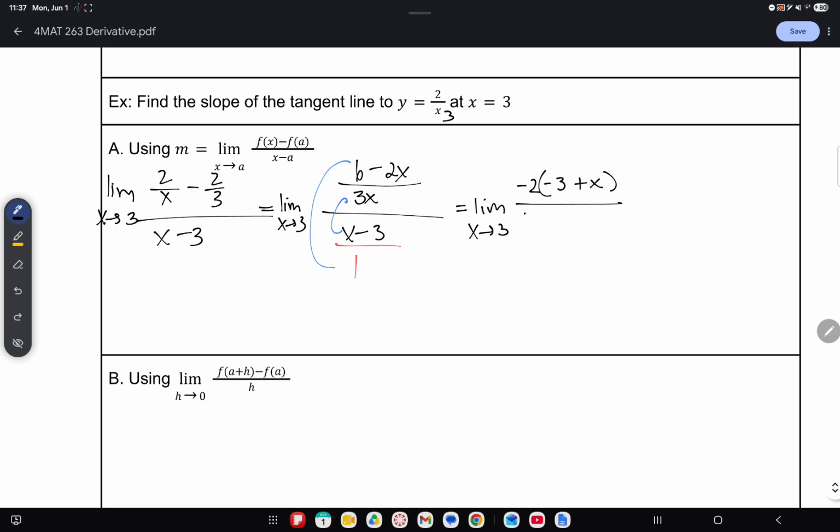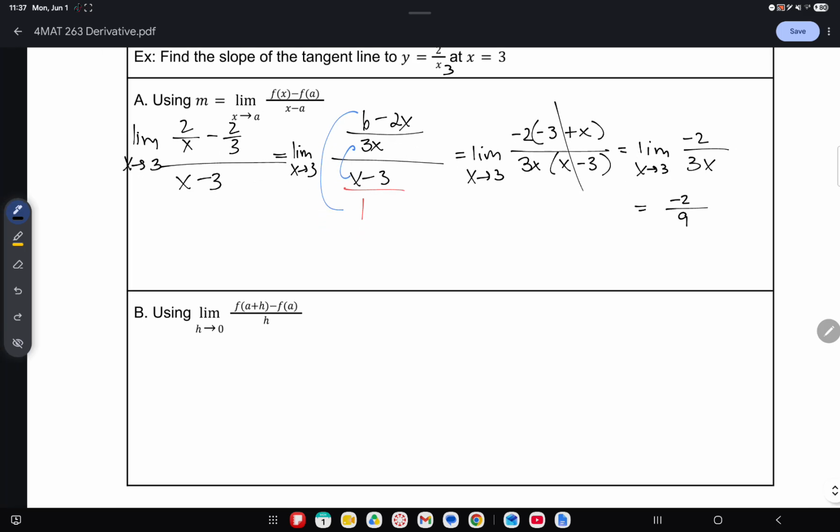And then in the denominator, I've got 3x times x minus 3. I went ahead and did that because negative 3 plus x is the same as x minus 3, so I can cancel that out. So the limit as x goes to 3 is now negative 2 over 3x, and I can do a direct substitution. So negative 2 and 3 times 3 is 9.